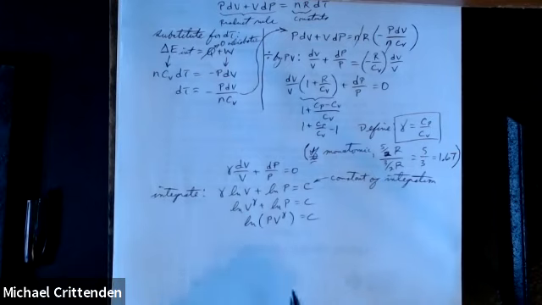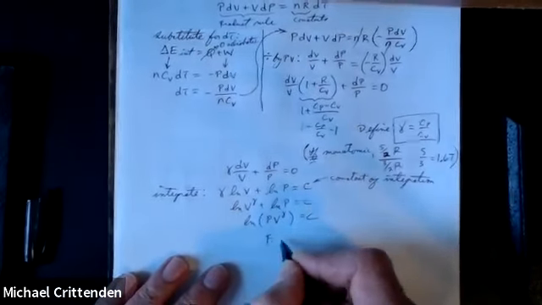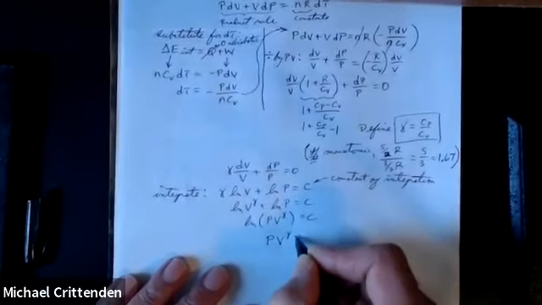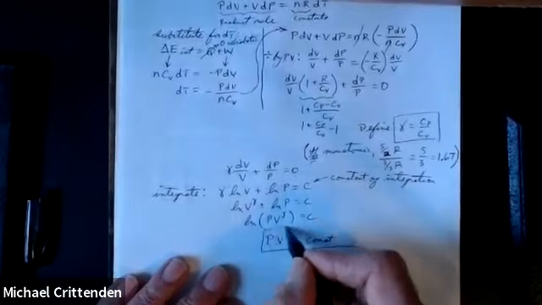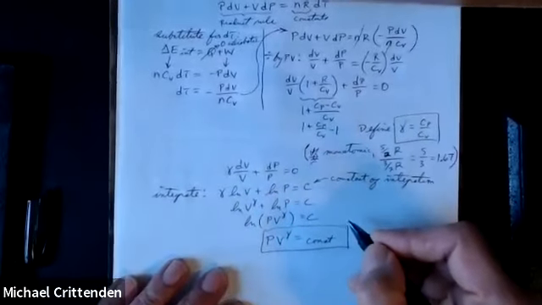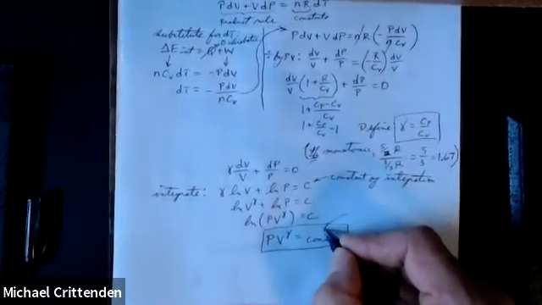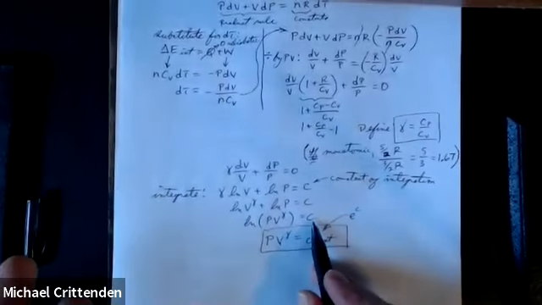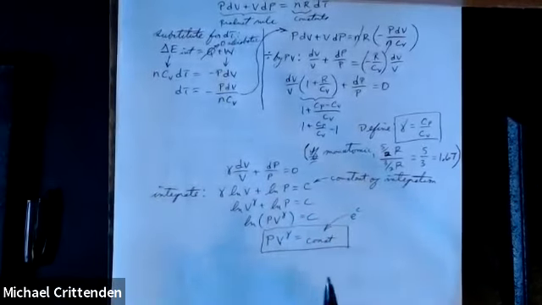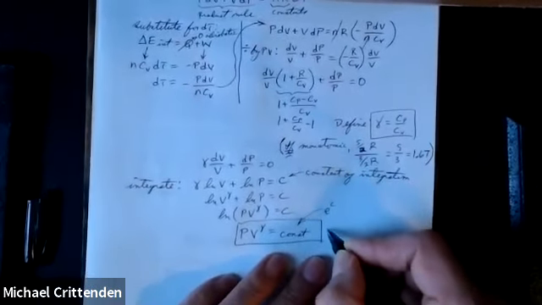And then finally, to get the log off of there, take e to both sides. And that's the thing I've been building toward for the last, I don't know, 10 or 15 minutes or whatever it's been. This constant would be e to that constant, okay? And maybe I should label it, this is for an adiabatic process.